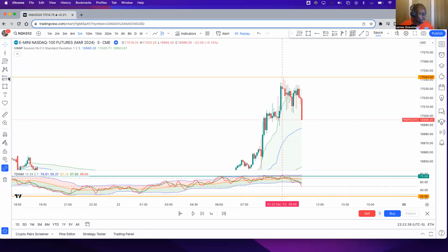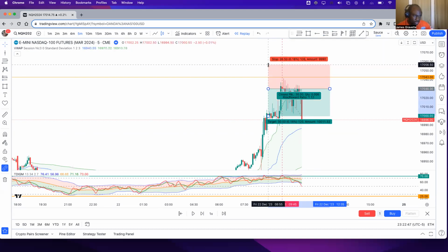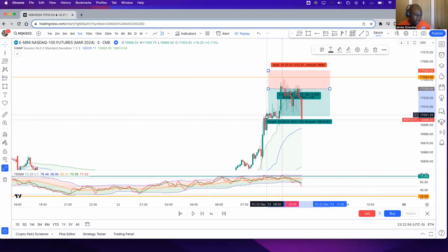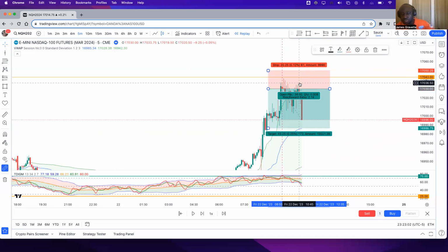So we can just come over here, let's grab a short, and we want to put that there, risking no more than 20 pips, right? And what we want to do is we want to buy it down into VWAP. And that's the VWAP right here. So this right here is giving us a 2-for-1 ratio, which is a pretty good trade, right?